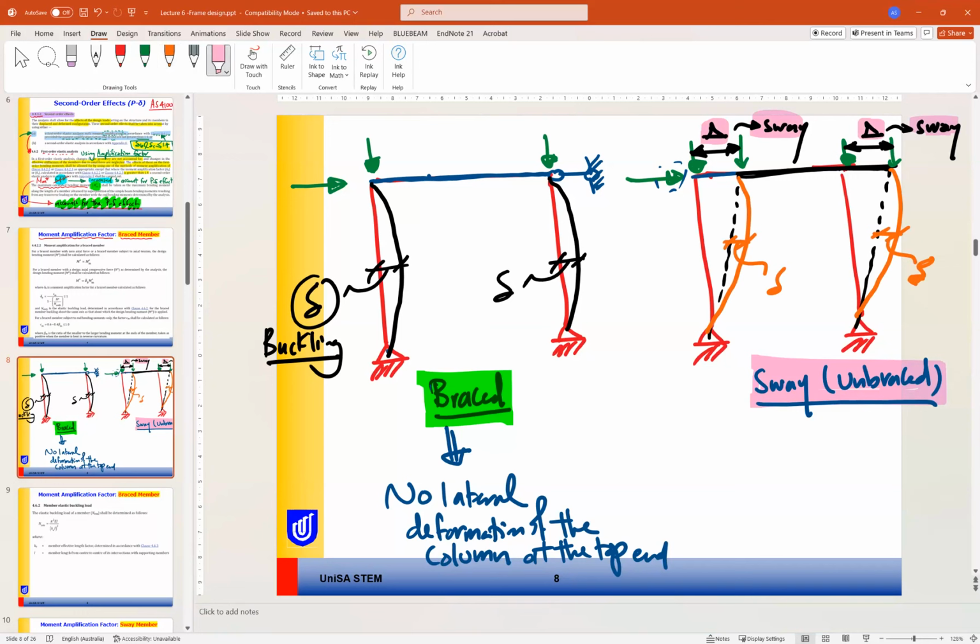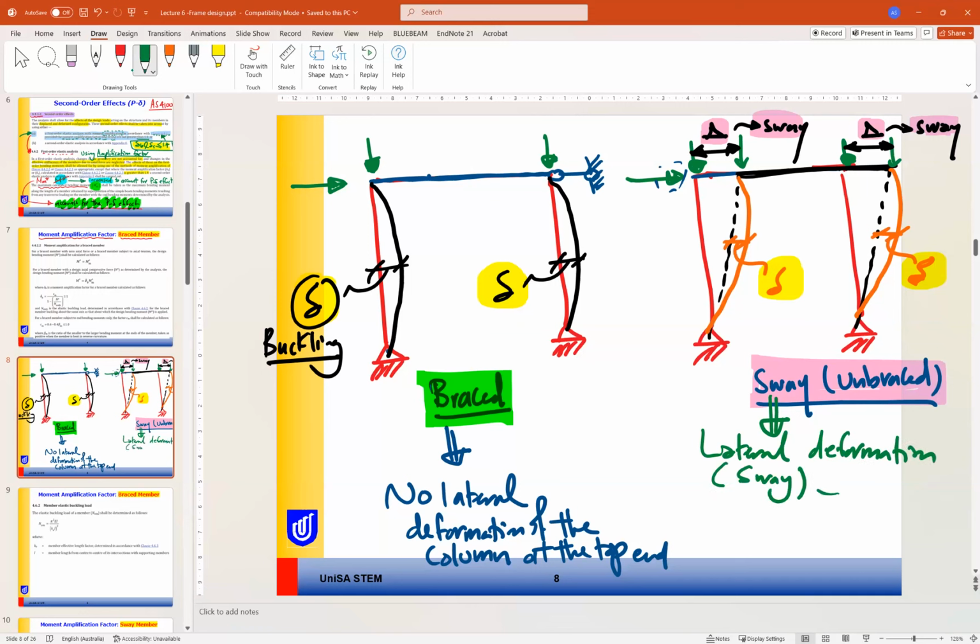So this column here is only under buckling, and this column here is under buckling and sway. So this is the difference between the two types of column. This column here is under lateral deformation, sway, and buckling, so under delta capital and delta small.